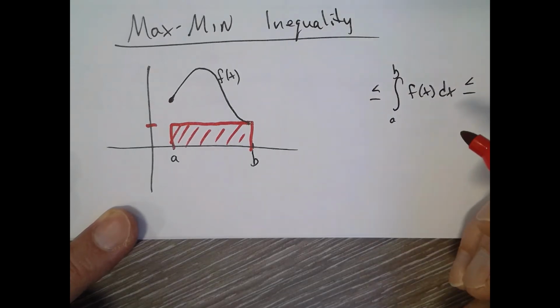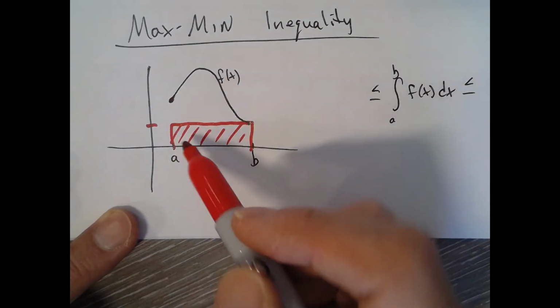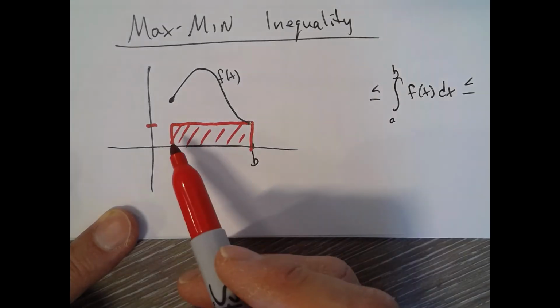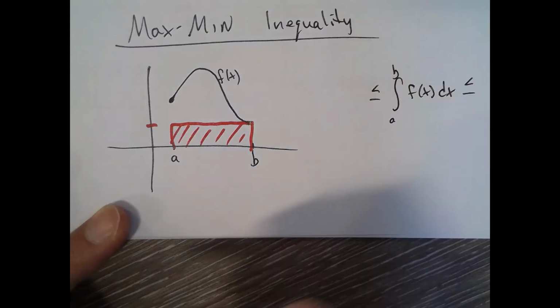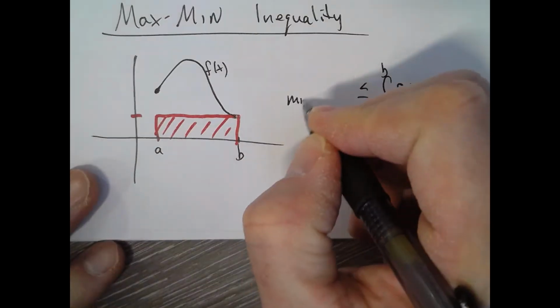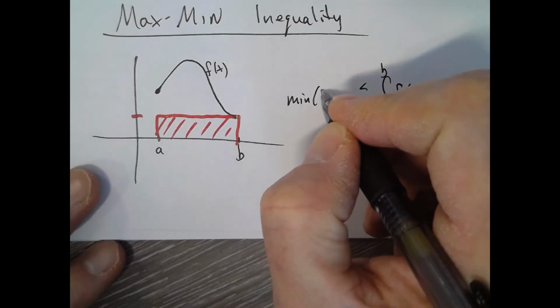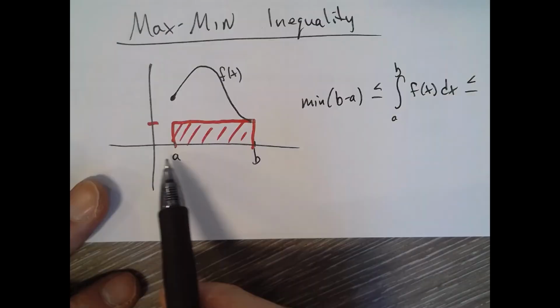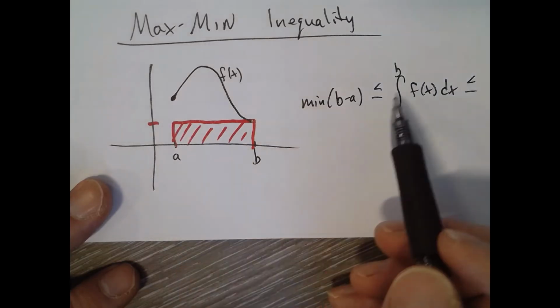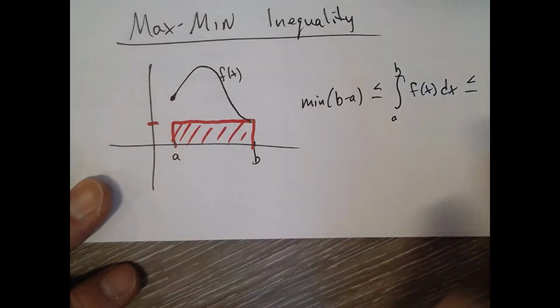So it would be greater than or equal to the minimum times b minus a. So it's like that distance times the height gives you the rectangle. Yeah, the area under the curve has to be bigger than or equal to that.